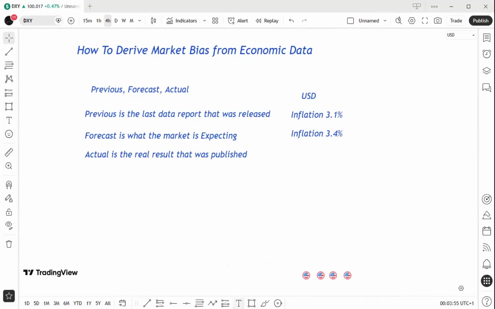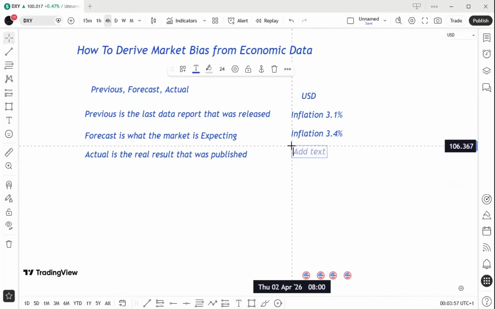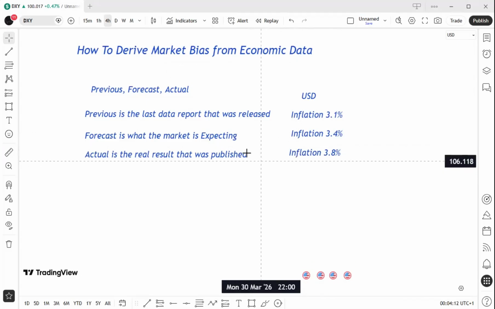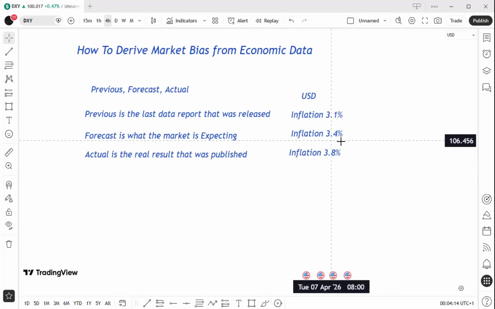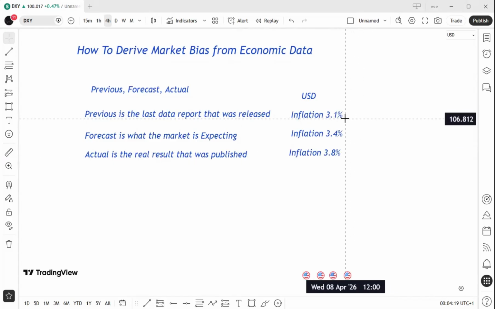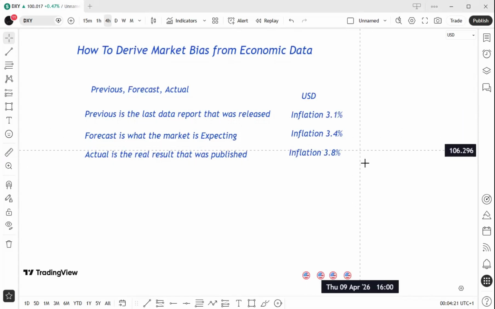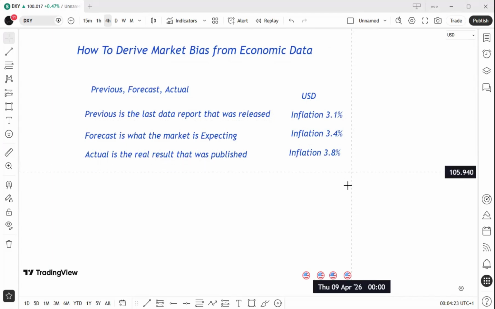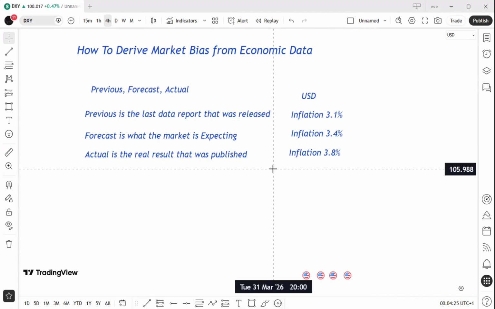Now we waited and actual came out, giving us inflation of 3.8%. It didn't come out as they were expecting. It came out higher than what they were expecting. It didn't come out below previous. It came out higher than previous, which gives us that the currency is strong.